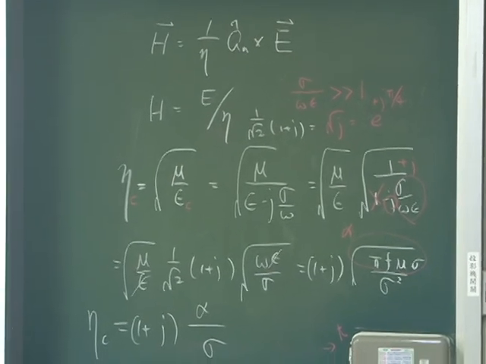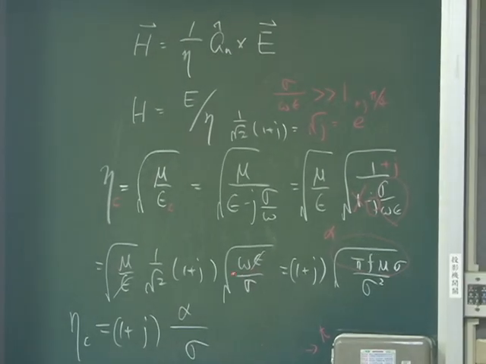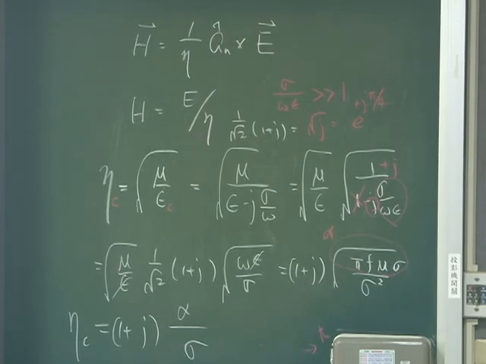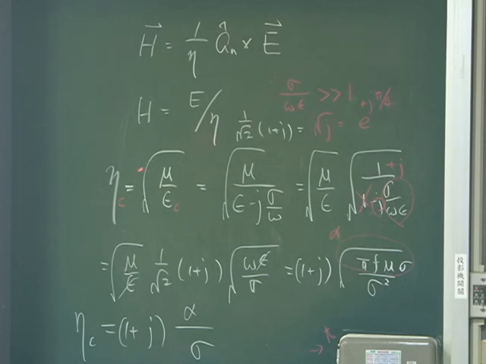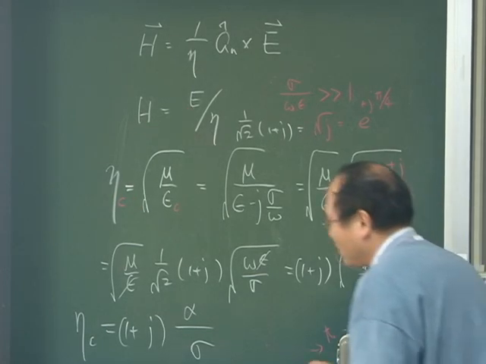Okay. Well, the key point is that it's not this derivation. You can always do the derivation by yourself. The key point is that your wave impedance is a complex number. If this wave impedance is a complex number, then H and E are not going to be in phase.